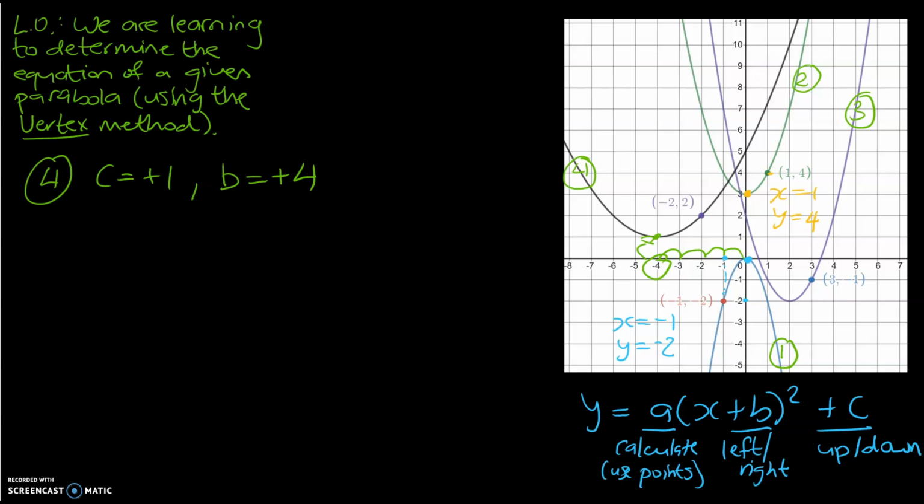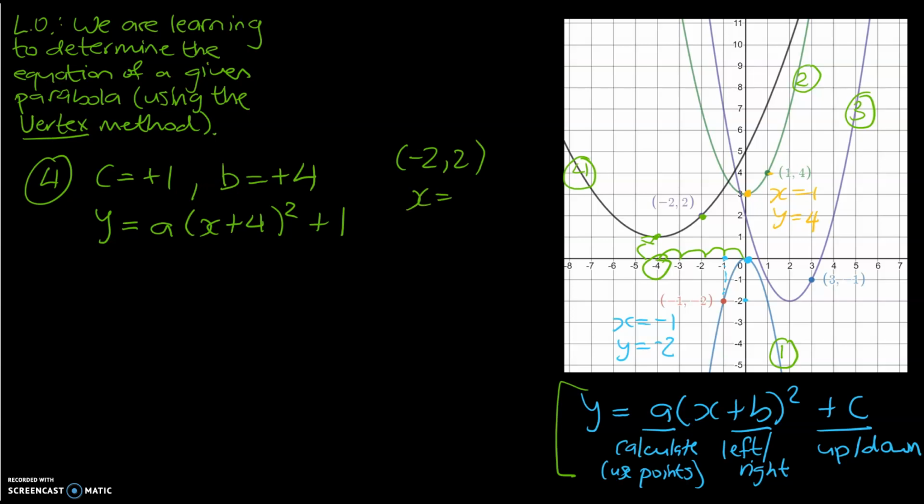We're now going to put both of those into our generalized parabola equation, and we're going to figure out what A is. So let's have a look. So y is going to be equal to A, x plus 4 squared plus 1. From this point here, we've been given a coordinate just over here, and we know point negative 2, 2 sits on our graph.